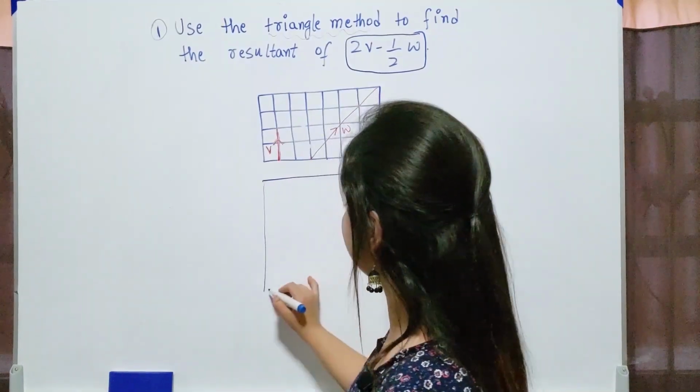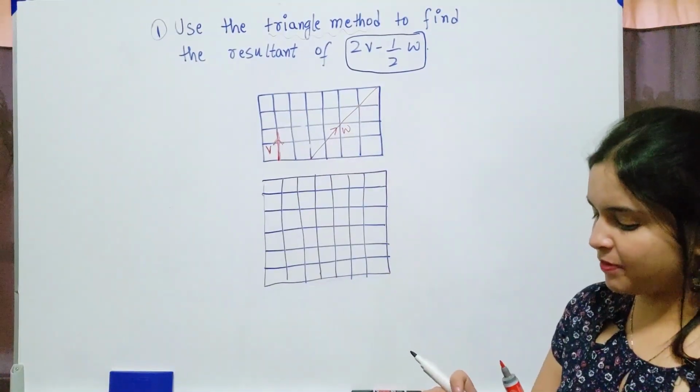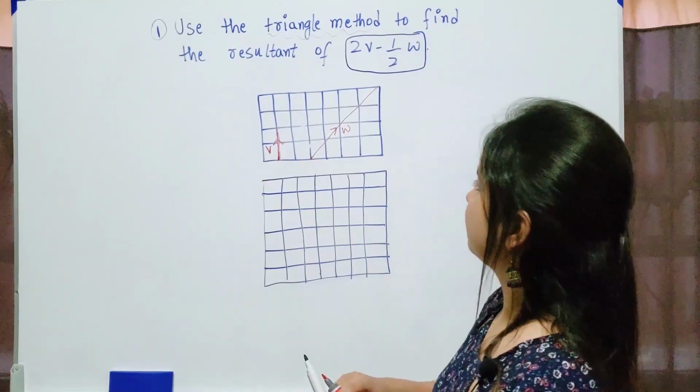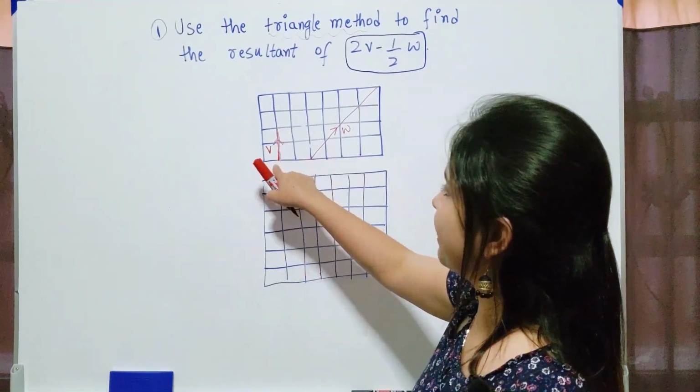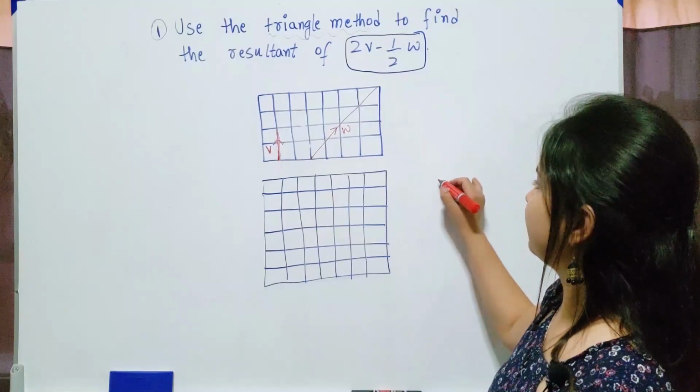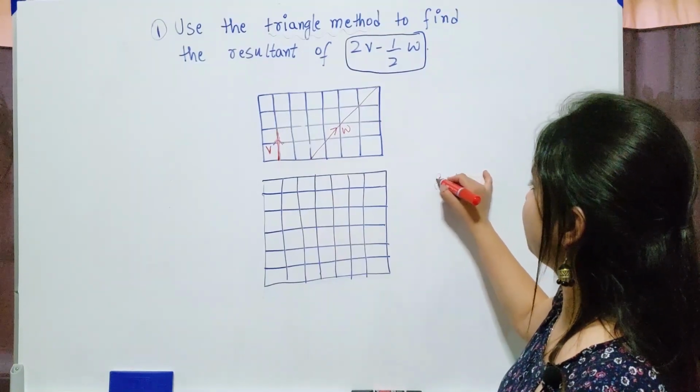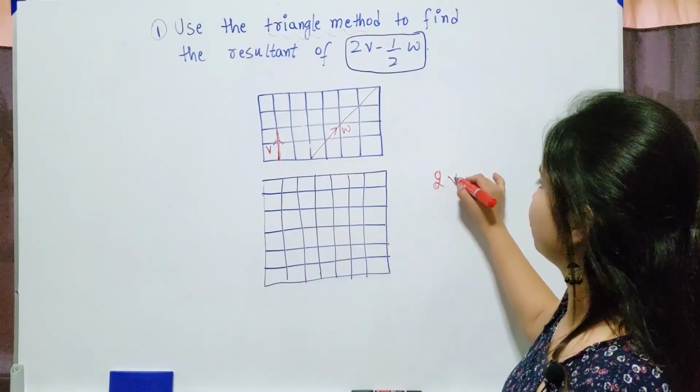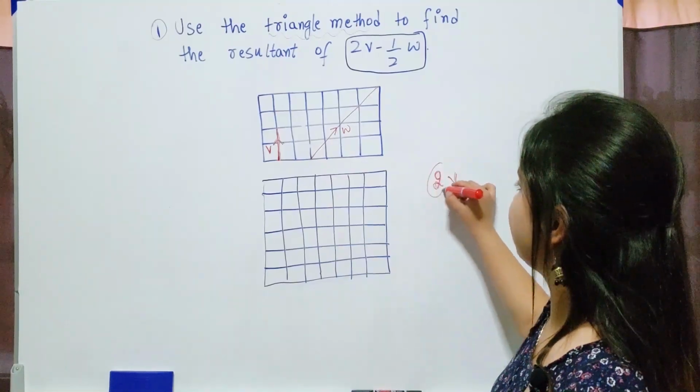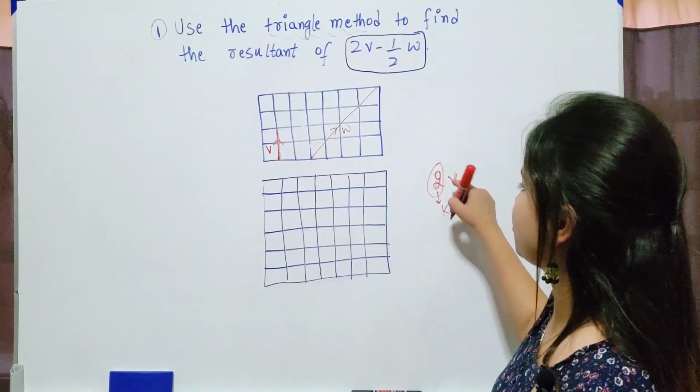I will make another graph first. So this is my new graph. Now, this is my vector V. But in the question, I have to find 2V. So 2 times V. So my k, my scalar quantity is 2.